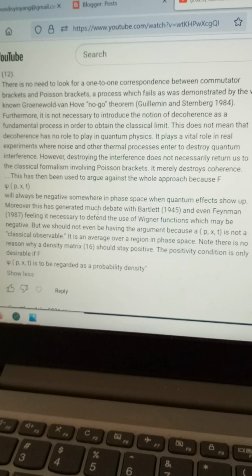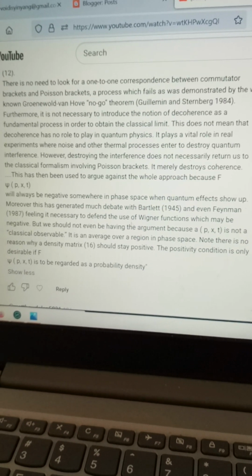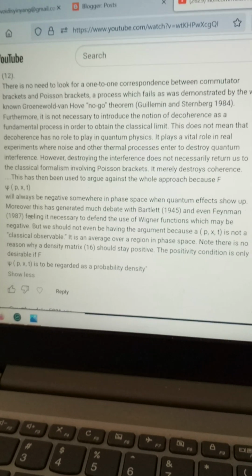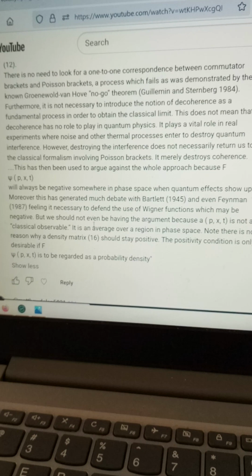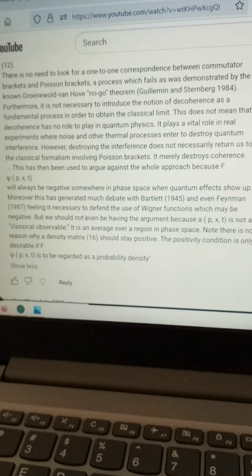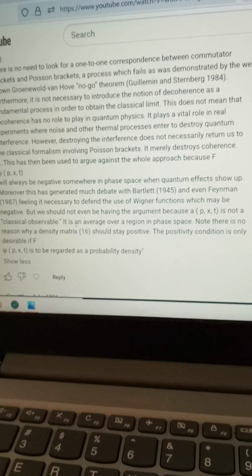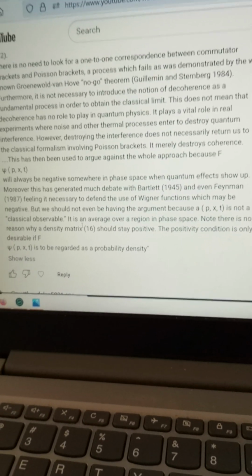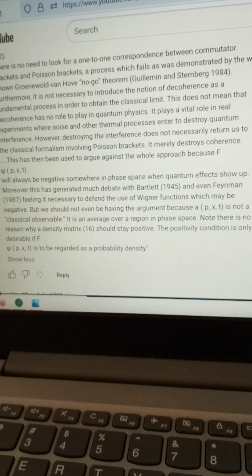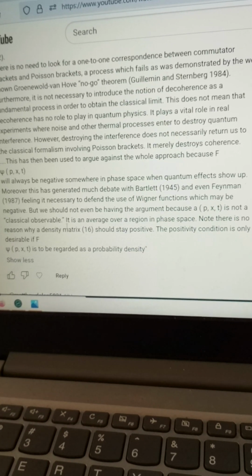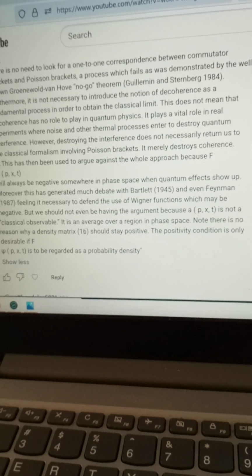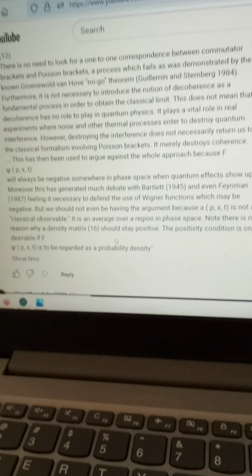Moreover, this has generated much debate, even Feynman feeling it necessary to defend the use of Wigner functions, which may be negative. But we should not even be assuming that argument, because the position, momentum, time is not a classical observable. It is an average over a region of phase space.